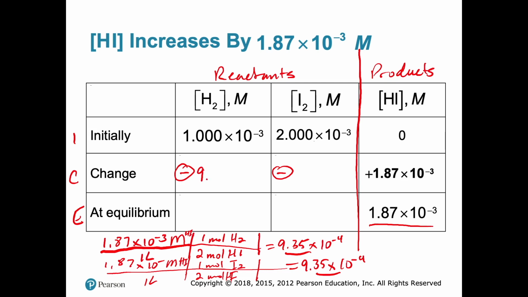And then we put into our box 9.35 times 10 to the negative 4, 9.35 times 10 to the negative 4. Okay? Does that make sense, how we get those numbers right there? Easy little molar calculation at the bottom that you've done a gazillion times in Gen Chem 1, to do the change in the reactants.